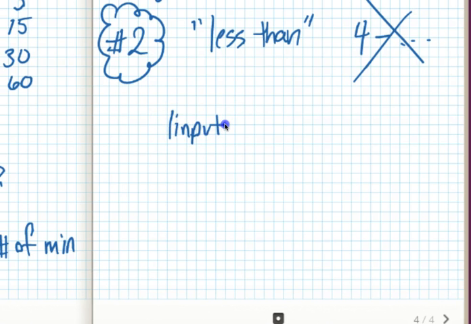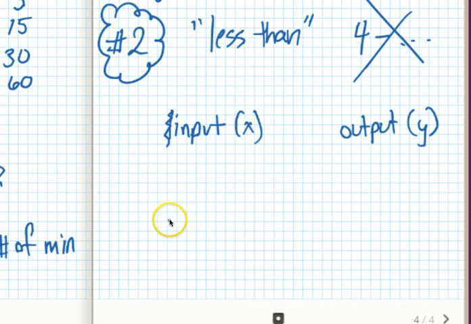So first of all, let's just figure out what we're trying to get in terms of input and output. What represents what? If you've already done this, feel free to fast forward a little bit, but if you need to go through it step by step, here we are.